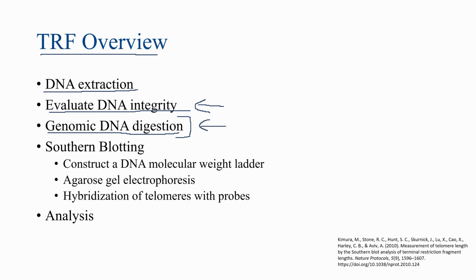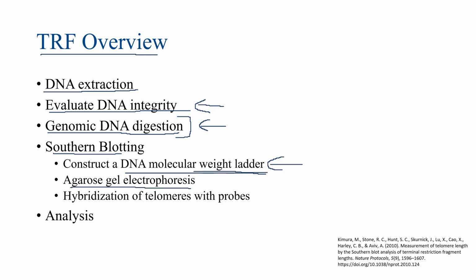Now, after you digest the genomic DNA and are left with subtelomeric regions and the telomeric repeats, you will perform southern blotting. Importantly to this step is the construction of an appropriate DNA molecular weight ladder that depends on the approximated telomeric repeat lengths, or the telomeric lengths in the organism that you're studying.